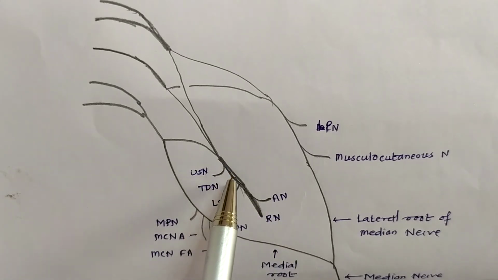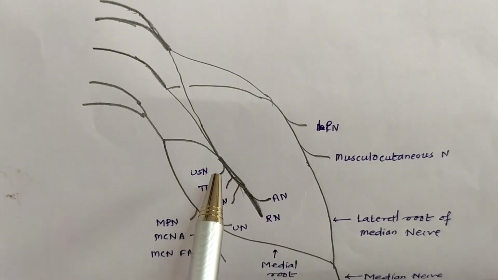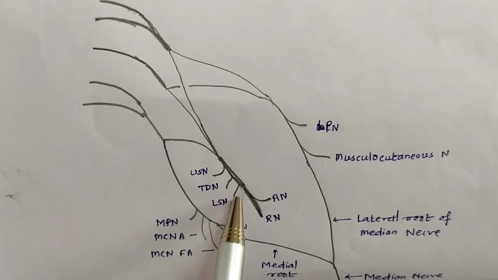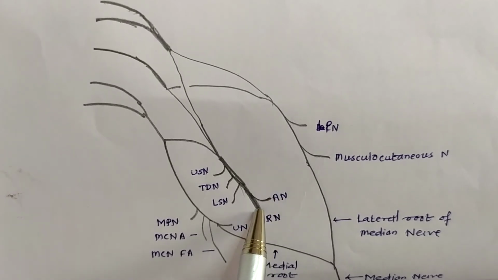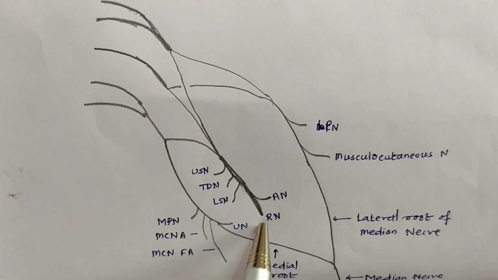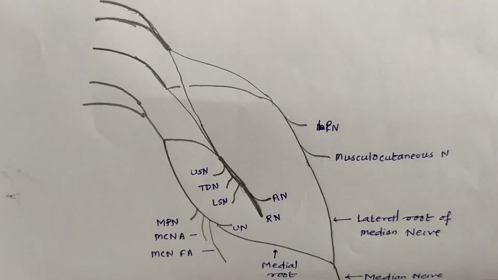The posterior cord gives five branches: the upper subscapular nerve, thoracodorsal nerve, lower subscapular nerve and the terminal branches, the axillary nerve and the radial nerve. So these are branches from the cords: three branches from lateral cord, five branches from medial cord and five branches from the posterior cord.